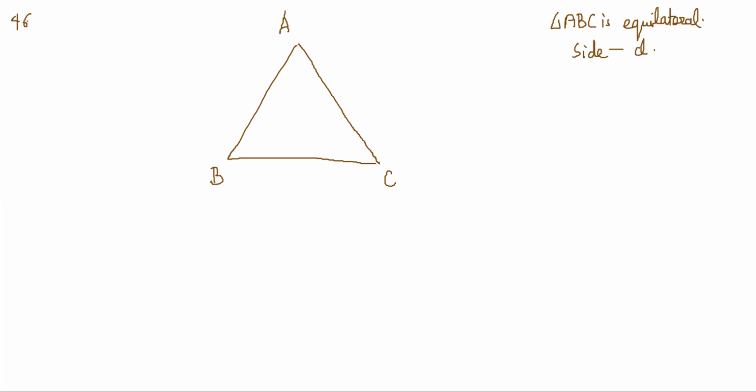Rotate the triangle and P through 60 degrees about C. So let's say there is a point whose distance from A is 3, distance from B is 4, and distance from C is 5.